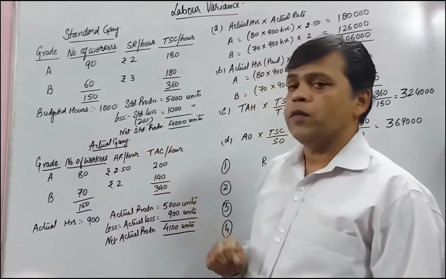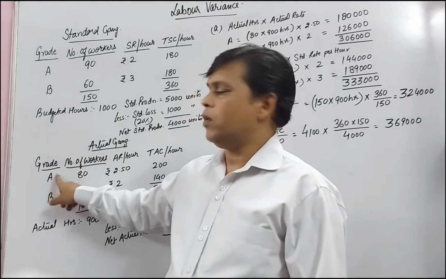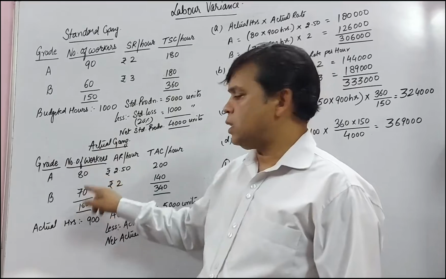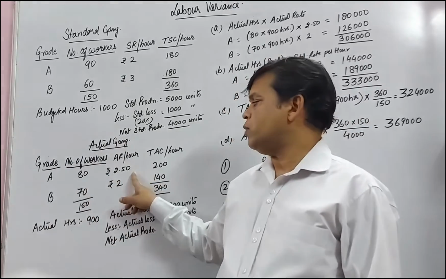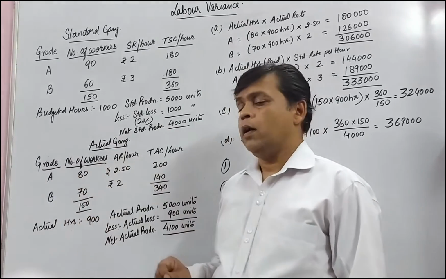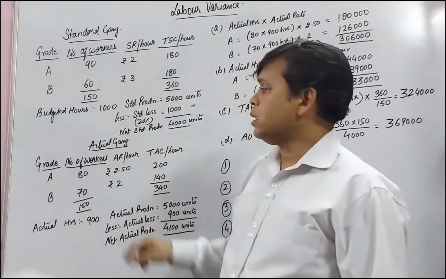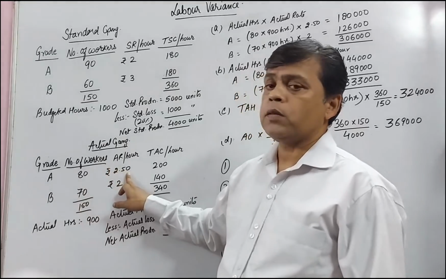Now the information given about the actual gang is, again two types of workers, grade A and grade B. The number of workers in the actual is 80 and 70, and the actual rate per hour is 2.50 for a grade A worker and rupees 2 per hour for a grade B worker. Same process as in the standard, we multiply the number of workers with the actual rate per hour.